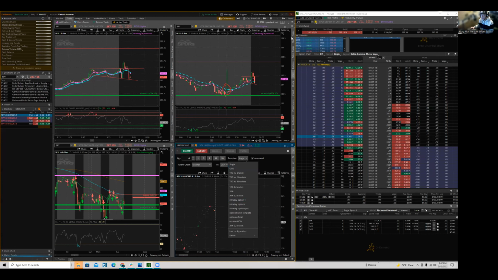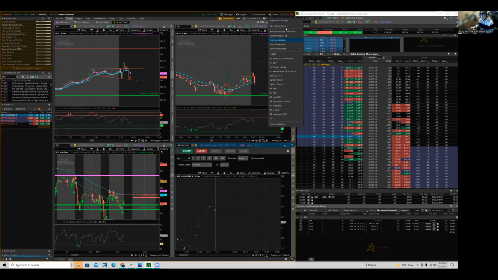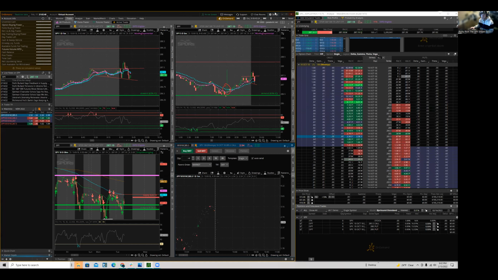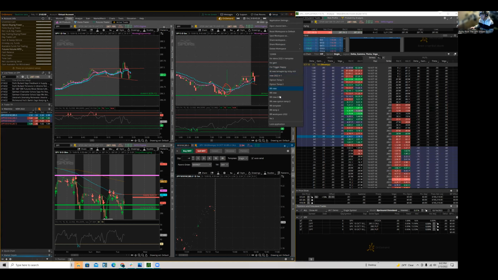So you highlight that link, you go to your setup, you go to open shared items, then you paste the link here, press preview, and then import. And then all you have to do is go back to setup, and it should be right here, the link. Then you click on it, and it should pop up everything you see here, the way it is.